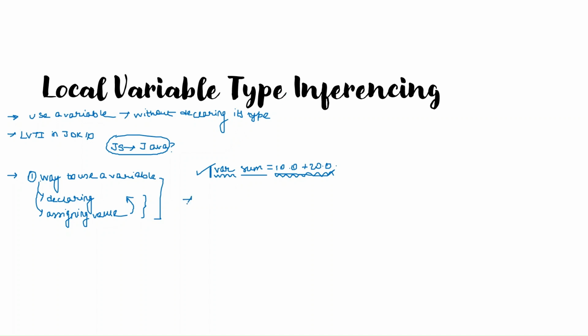Type inferencing has its own pros and cons. What are the cons? Let's discuss this first. This word var cannot be used as a class name. The second disadvantage is you cannot have global variables declared with this context-sensitive identifier.